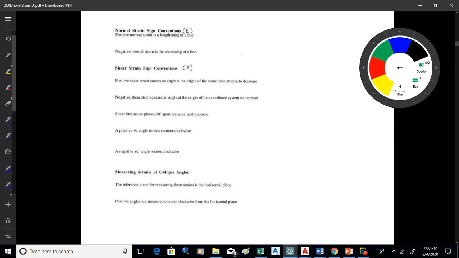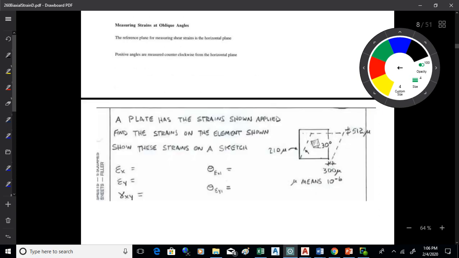So this is in your note packet, of course. 500 is what that is. So let's look at a standard kind of problem you work through on this on 530.